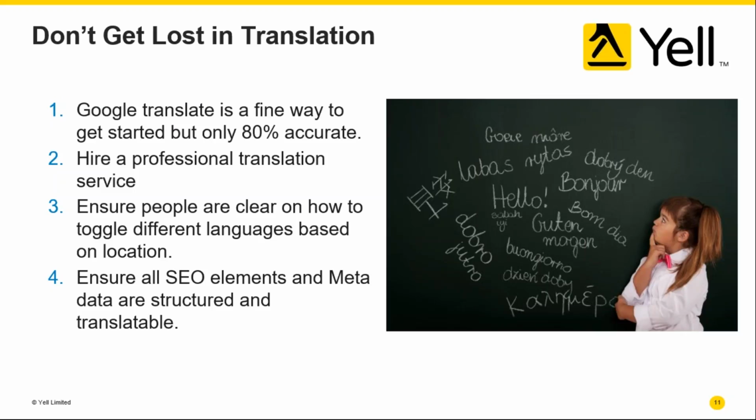So I know Rob is going to cover some of the core translation pieces later, but the key here is that, from a translation point of view, people think it's easy. It's not. Google Translate is only on average around 80% accurate, and it won't always update all the elements of your site.